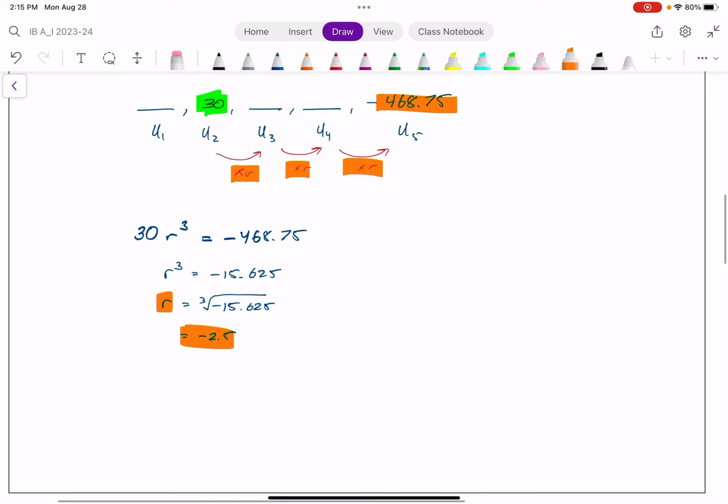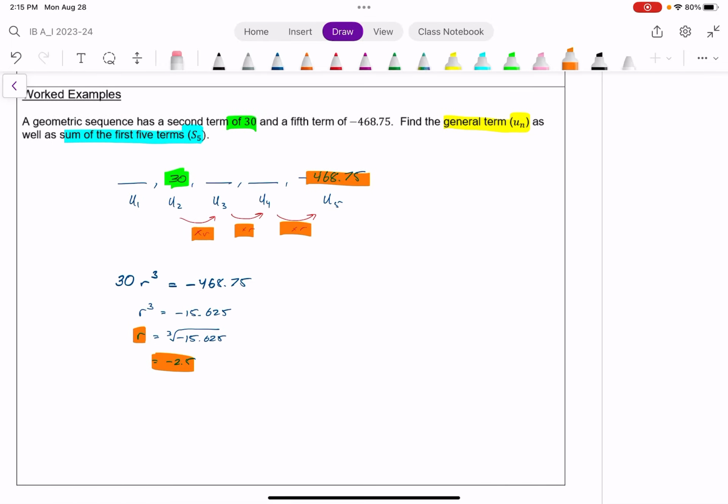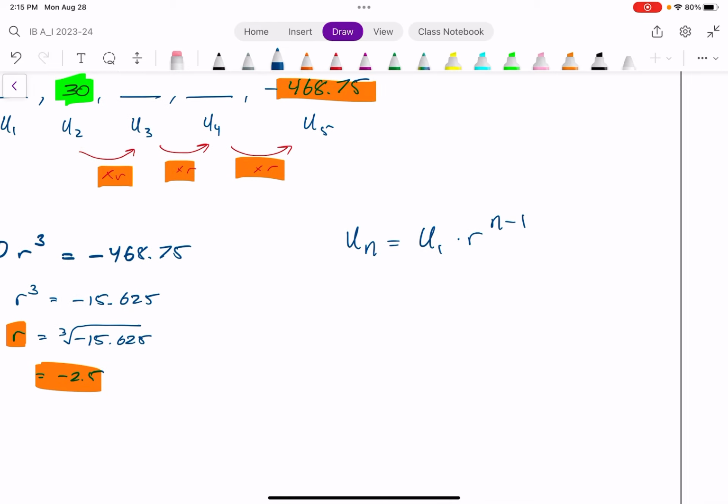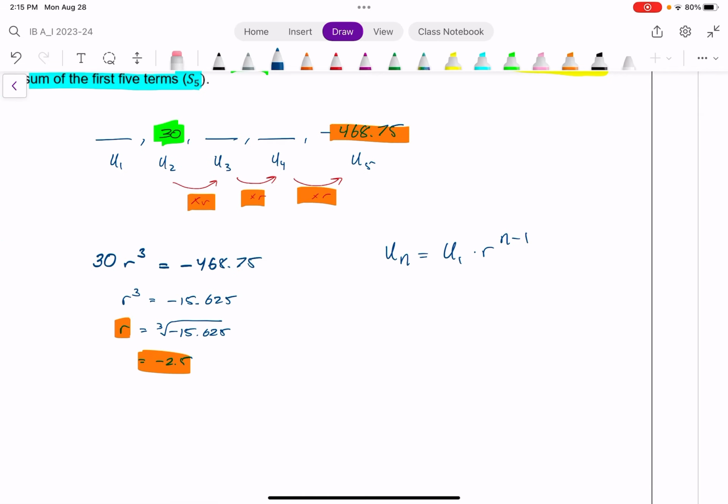And so now I can answer half the question to find the general term. Well, let me first write down the general form of the general term. And now we kind of know everything we need here. We know our, oh, sorry, I take that back. I lied. We don't yet know our first term. We still need to figure out our first term right here, which I can find out really quickly now that I know the common ratio is negative 2.5.